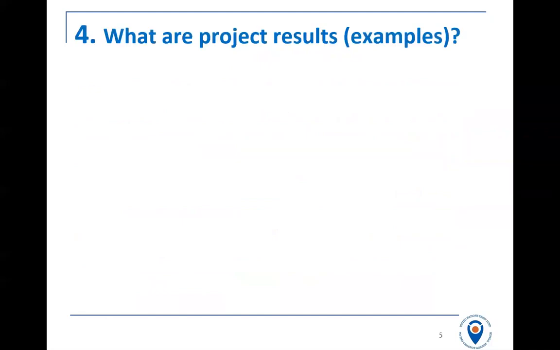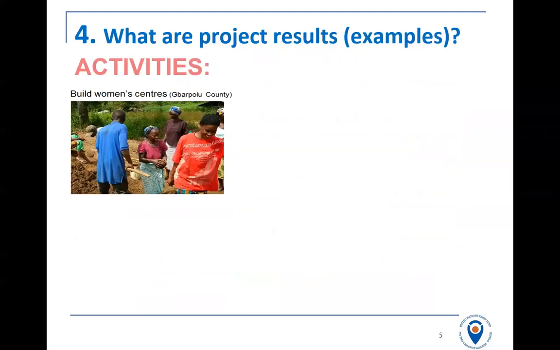What are some examples of these? What are project results? In example one, an activity could be that you're building a women's center. You're building a physical building or room or center for women to come to. The actual building of the center is an activity because it's manual labor, it's building, it's bricks.